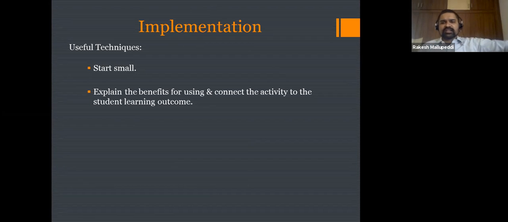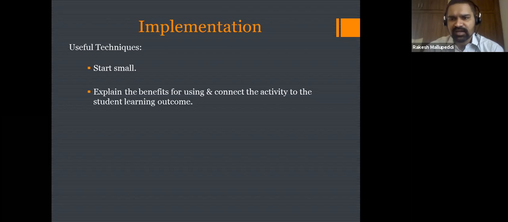That will help them connect with the activity and be more open about participation. So please talk to the students, be open in what way you want them to learn, in what way you want them to perform in the class, so they understand the reason, the logic behind you using that.